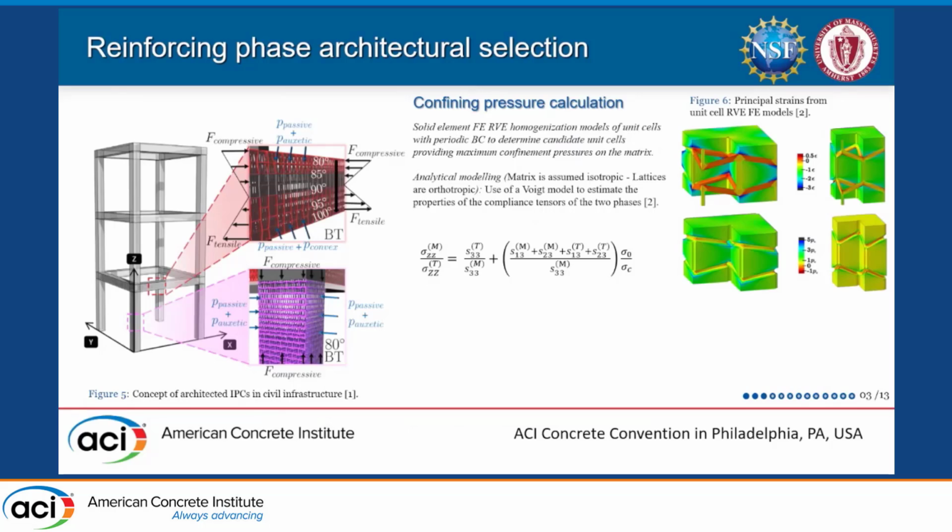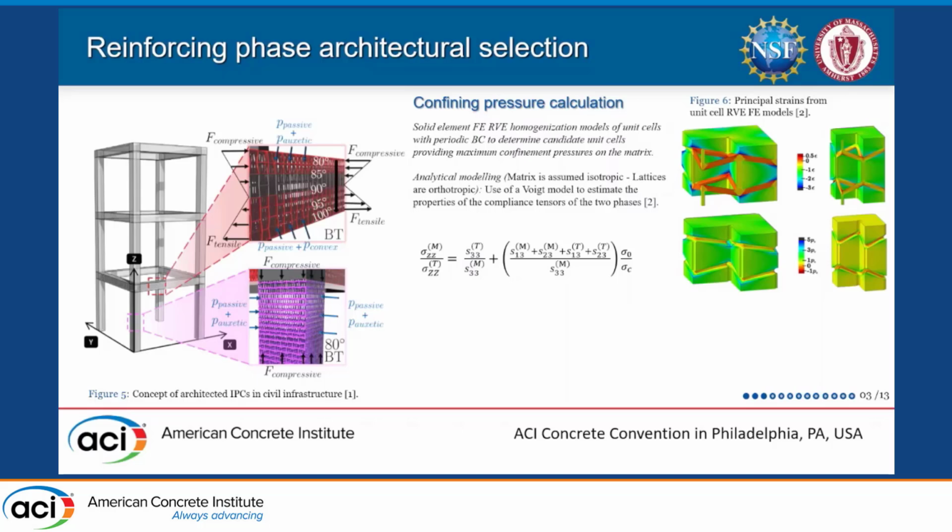So first, we wanted to quantify the confining pressure that these different architectures can exhibit upon a cementitious matrix. To do so, we started by performing a solid element finite element analysis using RVE homogenization methods, and we calculated a variety of different unit cells using periodic boundary conditions.